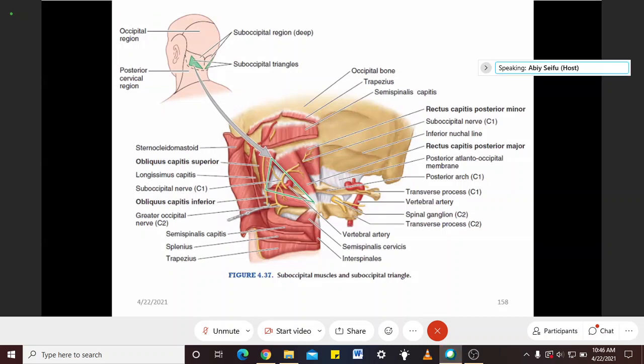So it contains two neurovascular structures, the artery and the C1 or suboccipital nerve, and this suboccipital nerve innervates all four muscles.